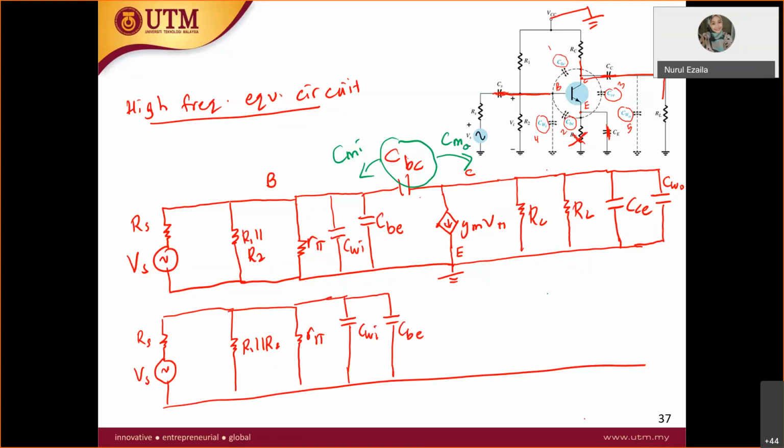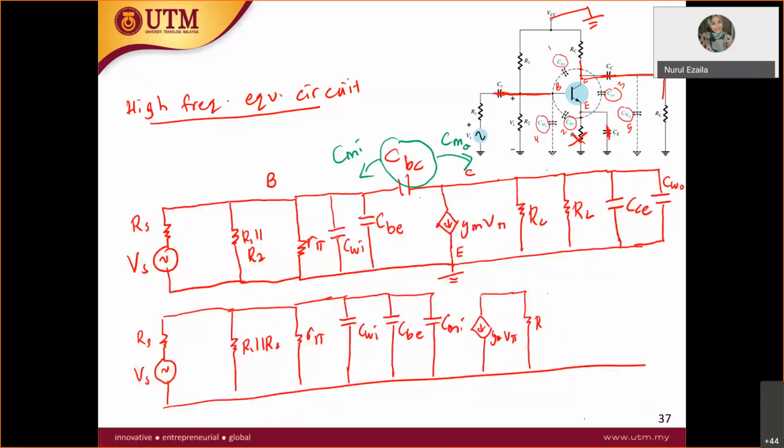Now for CBC, you have another one here, which is CM in. You have nothing else at the input. You have gmV pi over here, and then you have RC, and then you have RL, quite long over here.